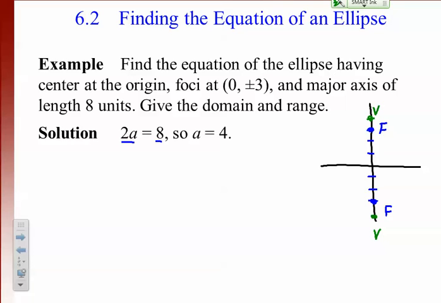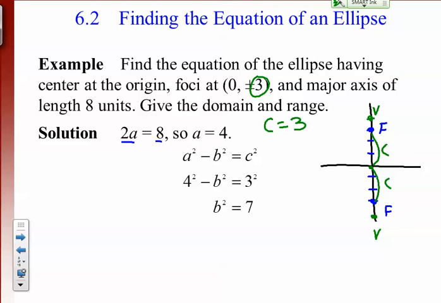I'm going to get the equation of the ellipse having the center at the origin. So I've got my a, right? This is my c, this focus point here. Since it's centered at the origin, c is going to equal 3, right? The distance from the center to the focus point is c. Okay, so that's how I got the c. So I have a, I have c, I need to find b. So how do I do that?